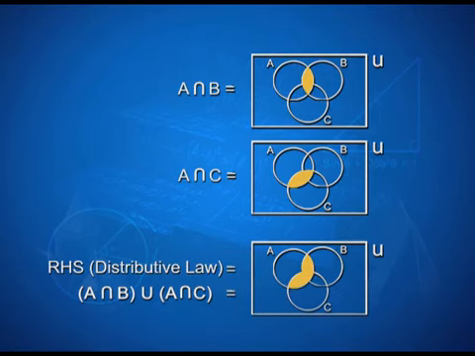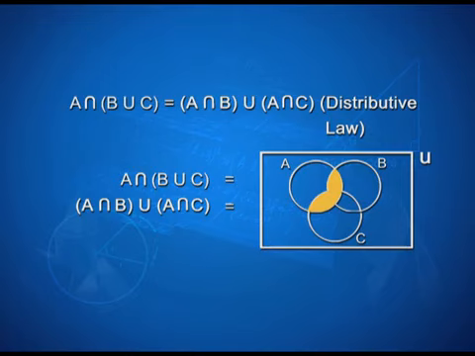This shaded region represents my right hand side. Now we can see that the left hand side and the right hand side of the distributive law is verified with the help of the Venn diagrams.